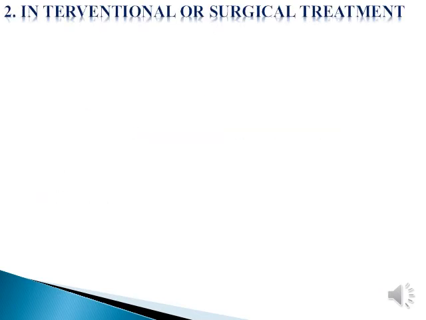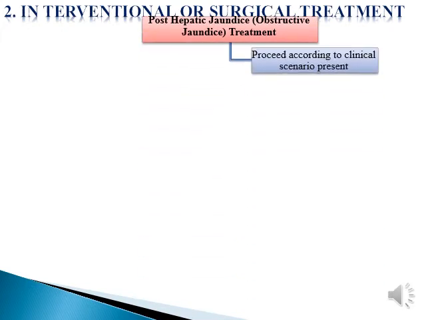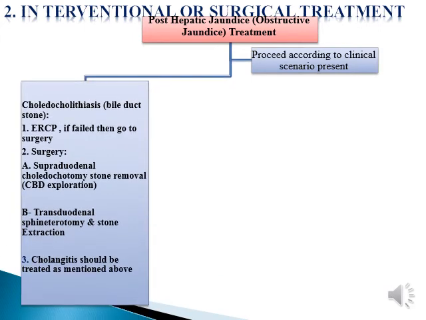In this slide, I will speak about the second part of the treatment of obstructive jaundice, which is interventional or surgical treatment, and this depends upon the clinical scenario of the patient. If the underlying pathology is choledocholithiasis, I mean a stone in the bile duct, then the treatment would be ERCP, endoscopic retrograde cholangiopancreatography.